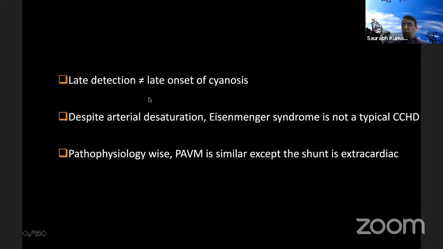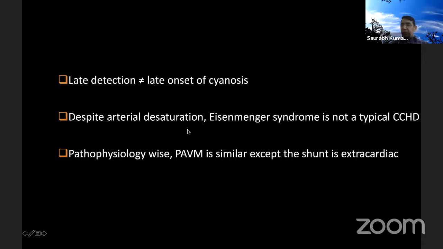Therefore, whenever we find a history of late onset cyanosis, we must think again and interpret it with a pinch of salt, thinking that it may actually be late detection of cyanosis and not late onset of cyanosis, because these two are quite different things, and depending upon the onset, the conditions we have to consider are quite different.